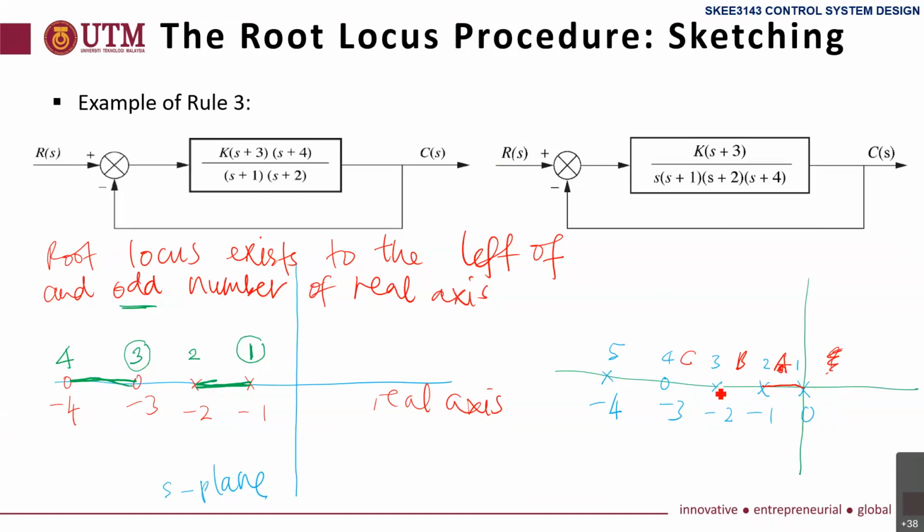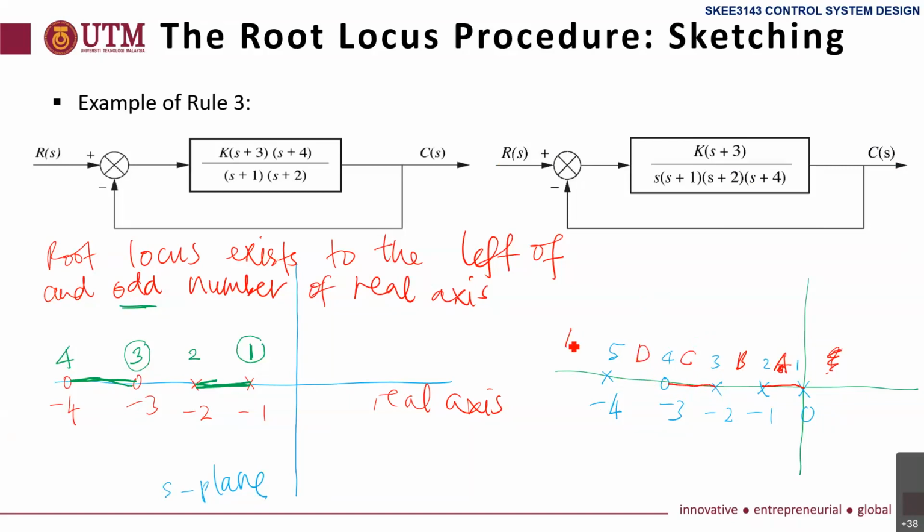Region B, yes or no? No, because this is to the right. Region C, do we have root locus? Yes, because it is on the left of odd number 3. Region D, yes or no? No, not on D, because it's on the left of an even number or right of an odd number.